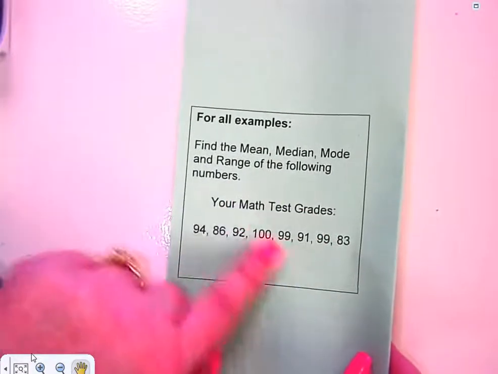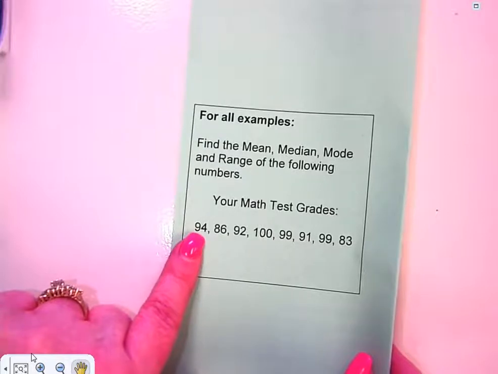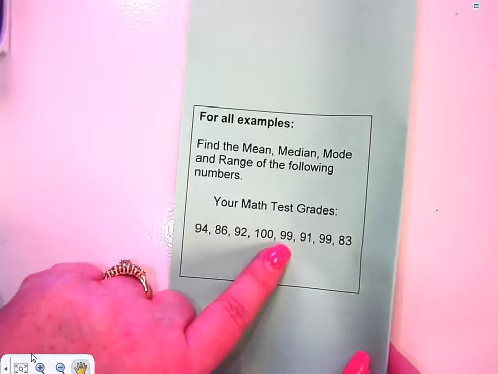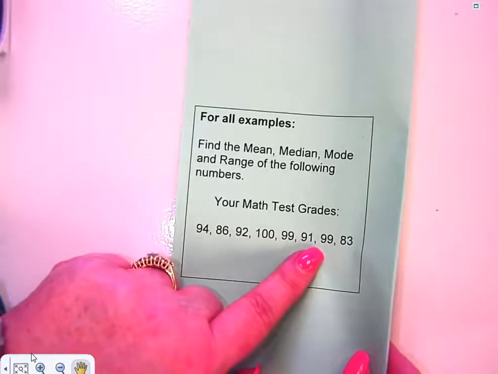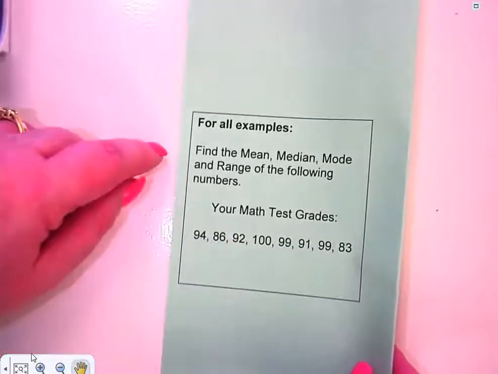This is an example of test grades. So test grades for this person are 94, 86, 92, 100, 99, 91, 99, and 83. So pretty good grades, all A's and B's.